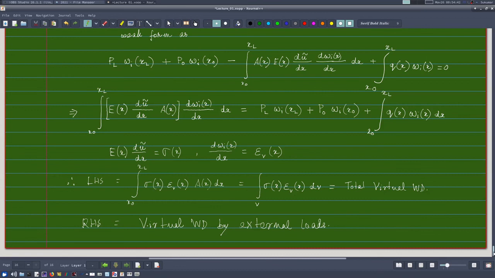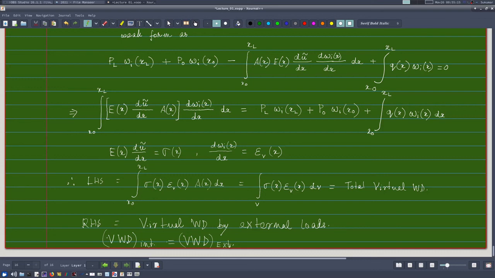And this equality shows that the internal virtual work done is the same as the external virtual work done. So virtual work done internal is equal to virtual work done external. And this is my principle of virtual work.